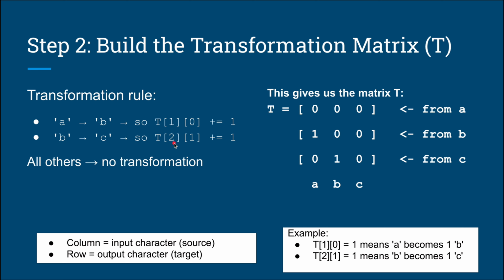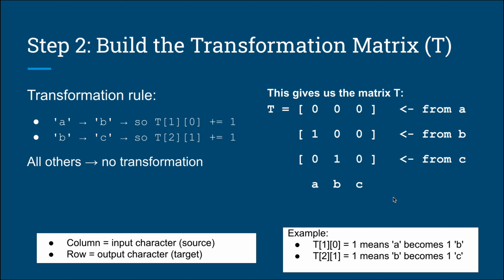Similarly, the matrix at 2 1 is 1, it means b is becoming c. So you can say 1b, 1c, right? And that is why we can represent it like this: from a it becomes 0 1 0, from b 1 0 0, and from c it becomes 0 1 0, a b c, right? I hope you understand.